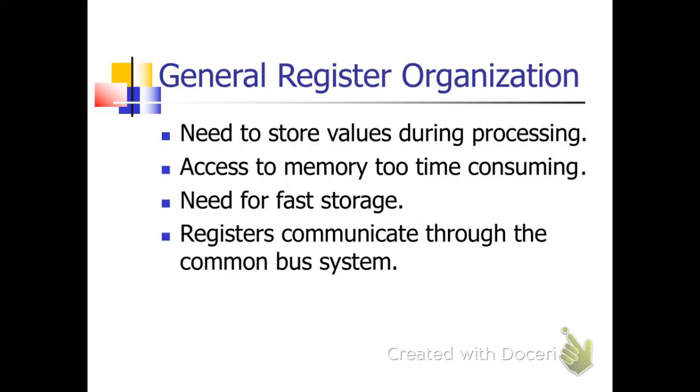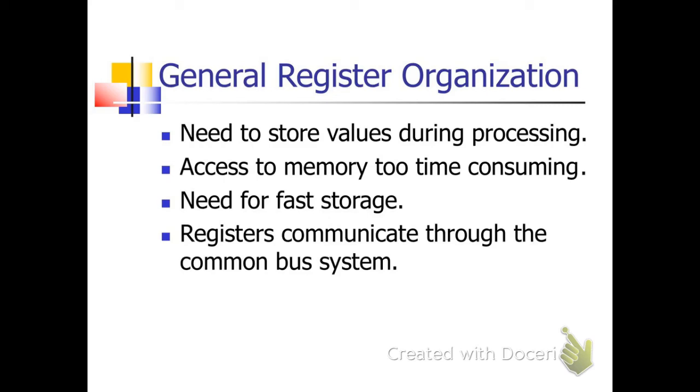Now let us look a little bit into the general register organization. As I have already mentioned, we need registers to store the values during processing. Even though data is stored in the main memory during the execution of a program, it takes time for the ALU to get it from the main memory.